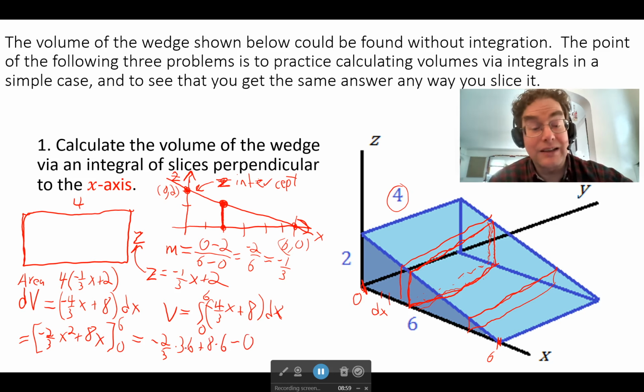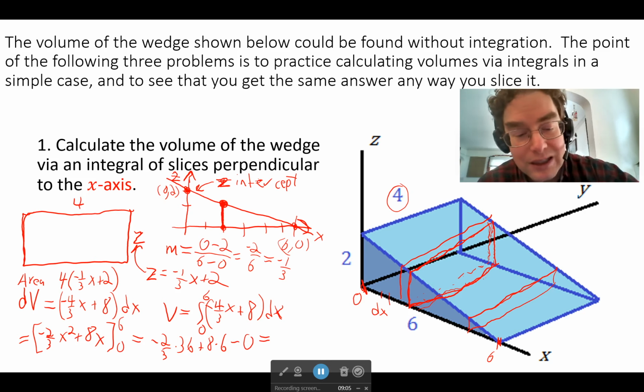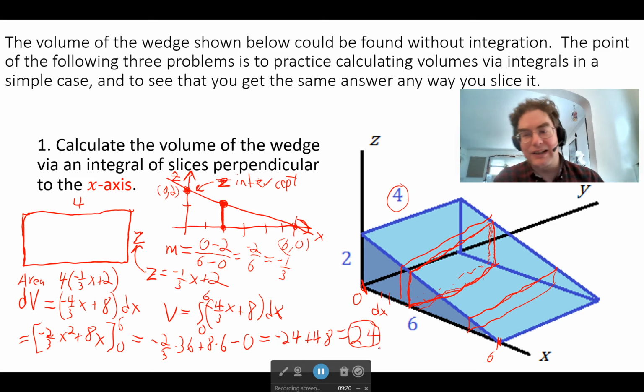Then we just need to finish this off with some arithmetic. Negative 2 times 12 would be negative 24, and 8 times 6 is 48. Add those together, we get 24. So the volume of this wedge, not a huge surprise here, turns out to be 24, and this time we obtained it by slicing perpendicular to the x-axis.